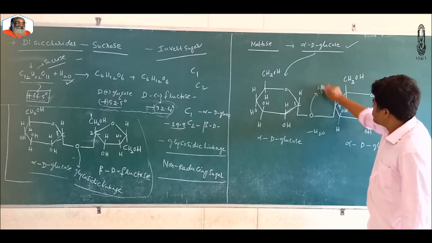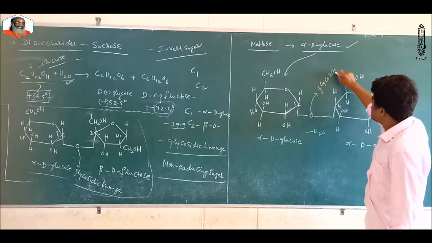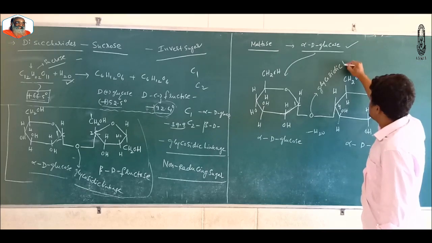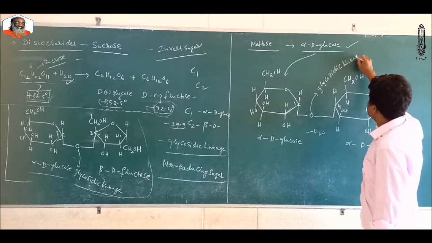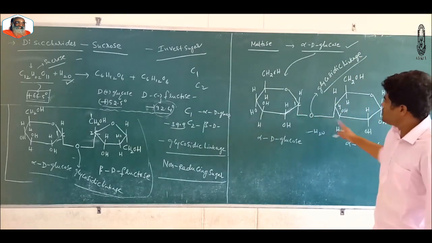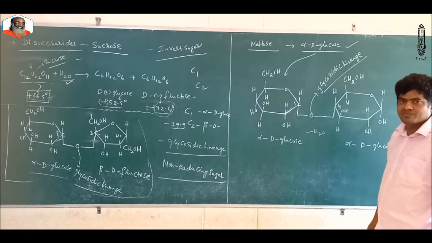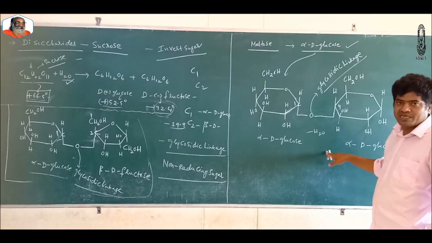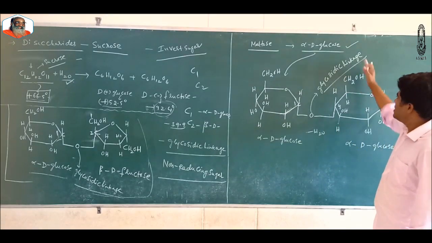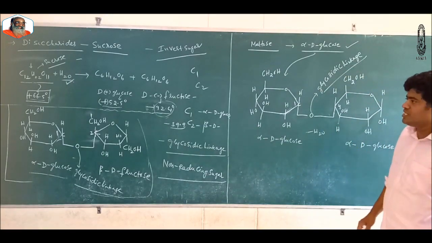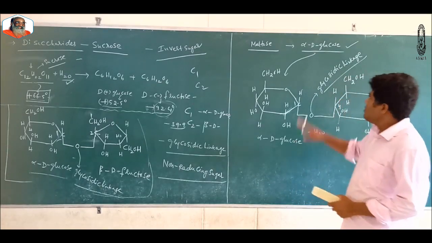The two units of alpha D glucose are linked through an oxygen atom, or oxide linkage. That is called the glycosidic linkage.